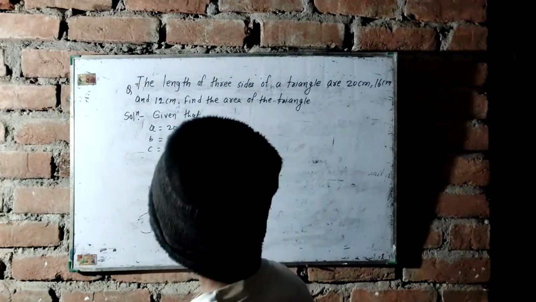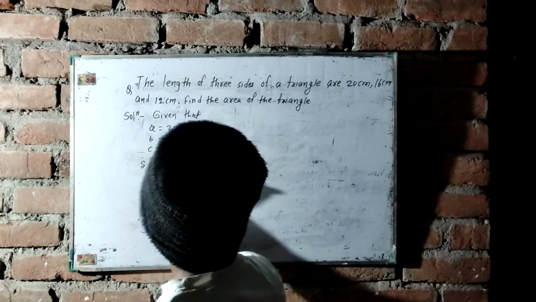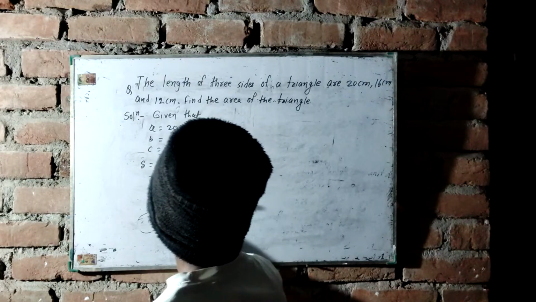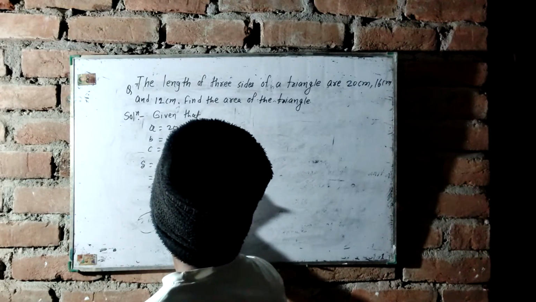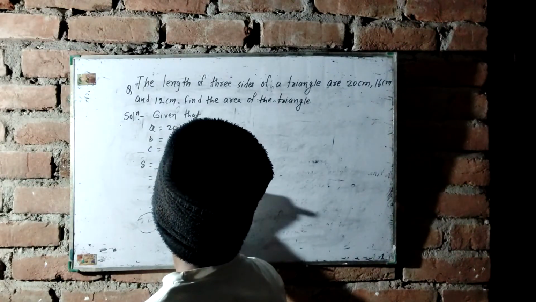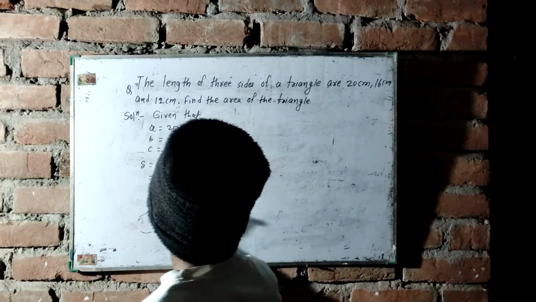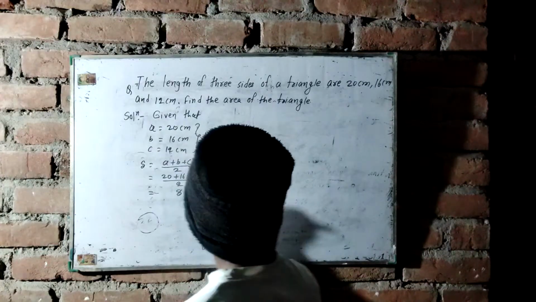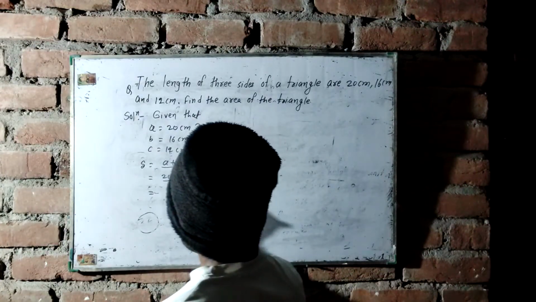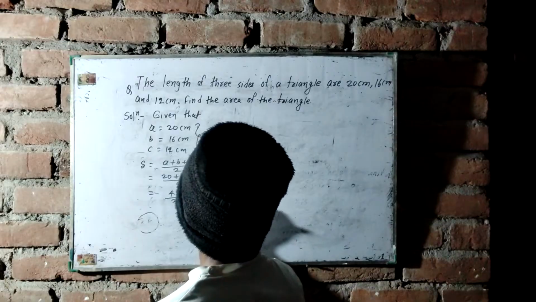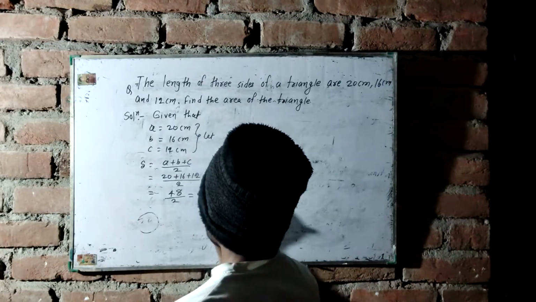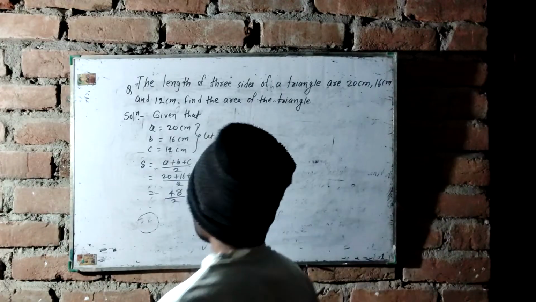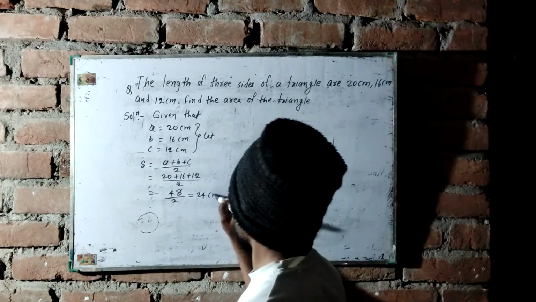Okay, so S is equal to A plus B plus C upon 2, and we get 20 plus 16 plus 12 upon 2, which is 48 upon 2, we get 24 centimeter semi perimeter.